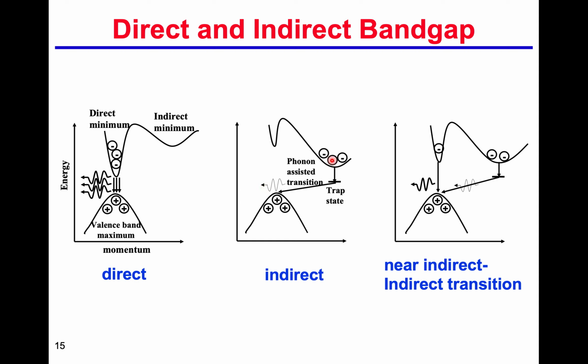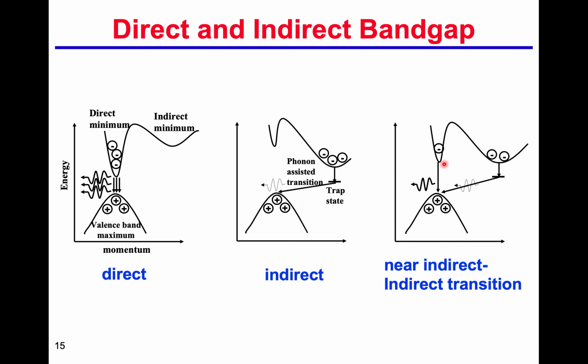On the other hand, if it is an indirect band gap, because the photon provides a very small momentum, we need to conserve the energy and also conserve the momentum, so we need another trap to assist this transition. So the efficiency is pretty low.